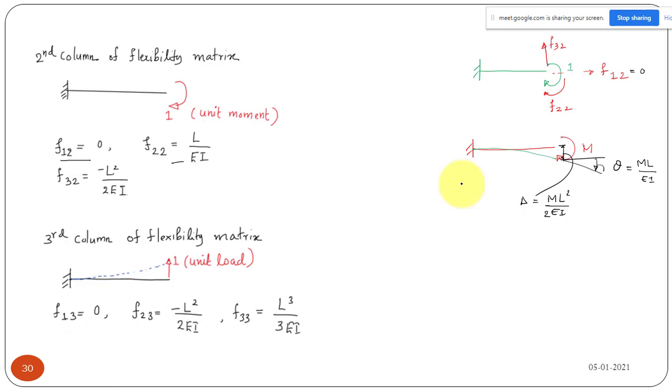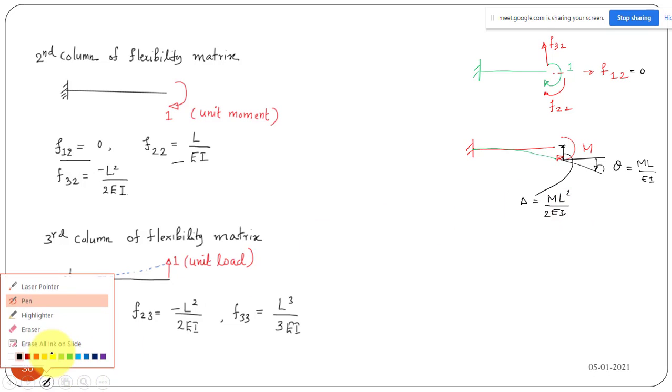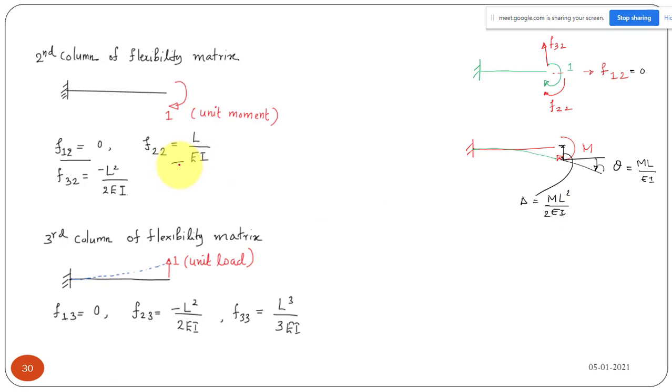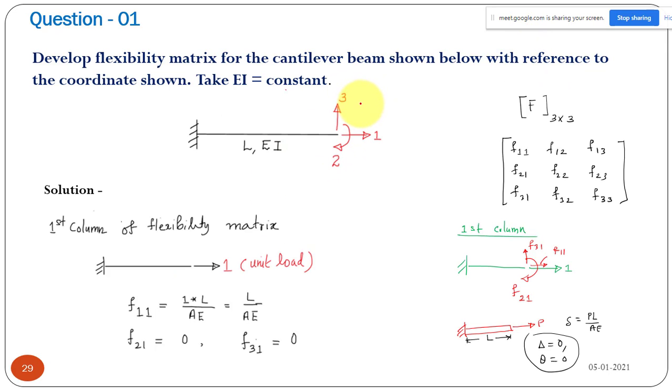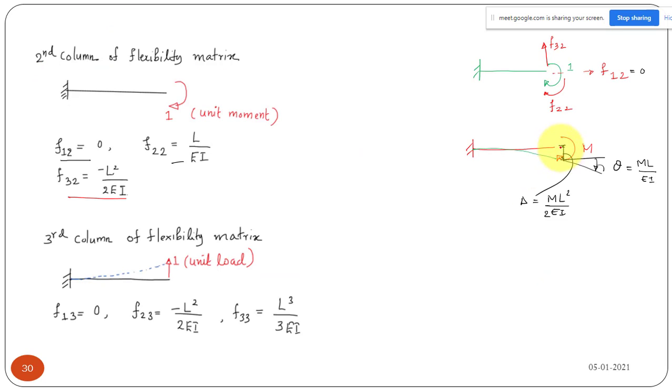That is why this element F32, 1 into L square by 2EI, will be negative. We have to keep a negative sign because the deflection direction is opposite of the given coordinate direction. That is the second column.